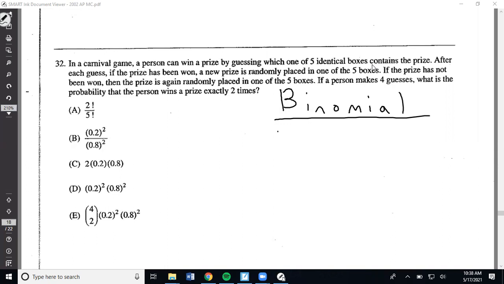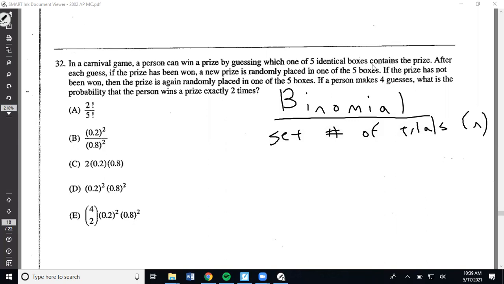We have a set number of trials. That's n. And then the thing that we're keeping track of is classified as, the book calls it, a success or failure. I usually call it the thing happens or the thing doesn't happen.